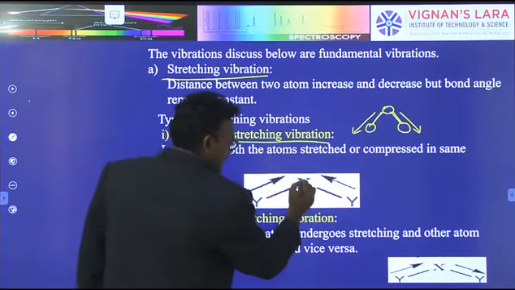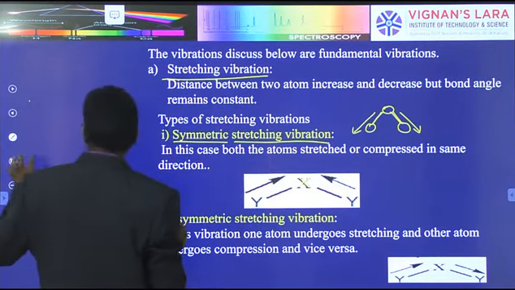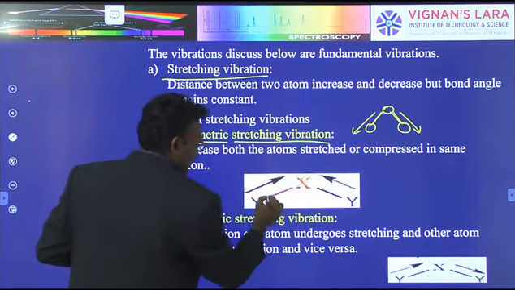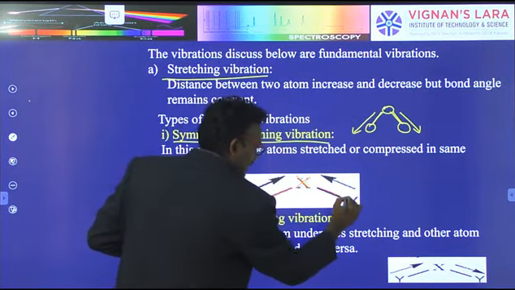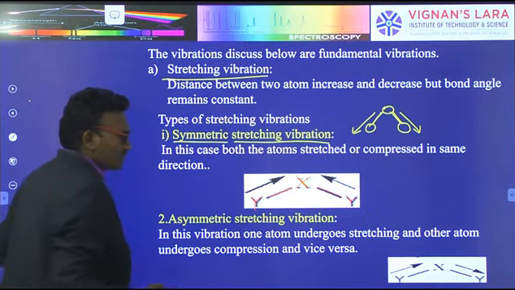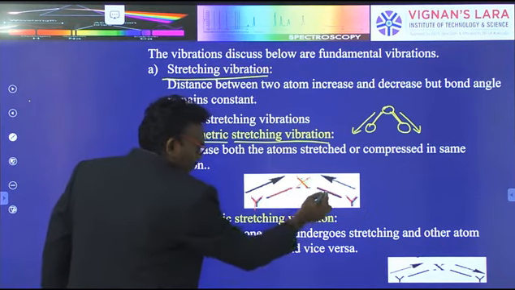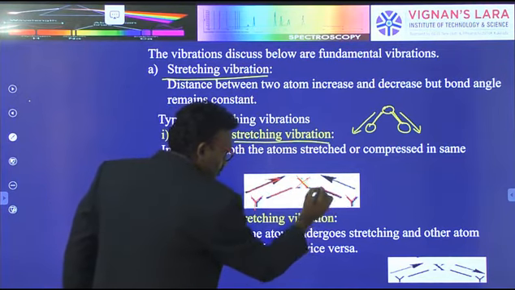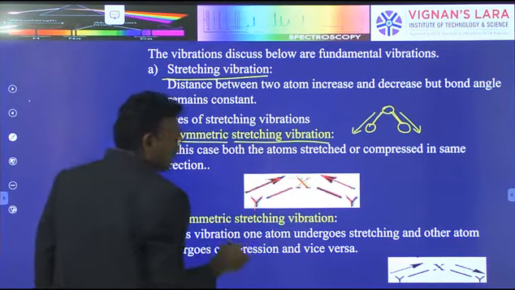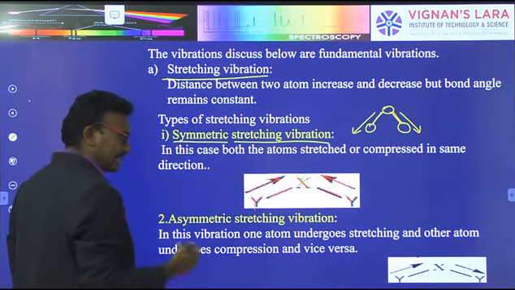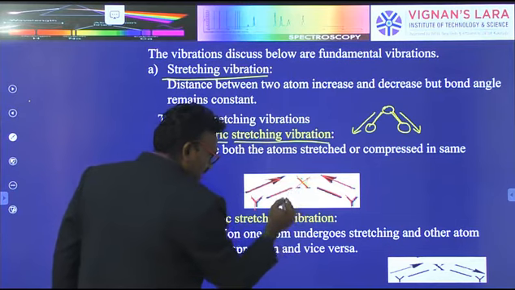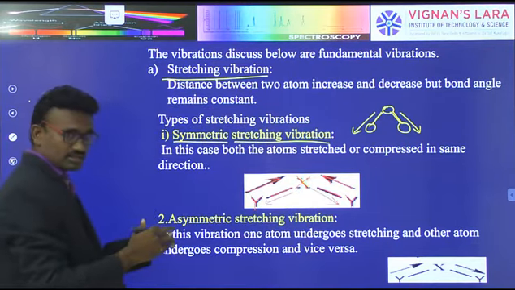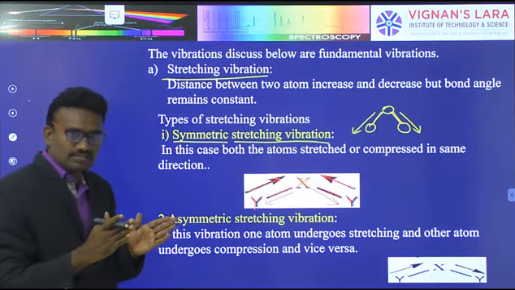For example, this is a molecule, X connected with Y and Y, where both bonds decrease. Both bonds decrease. This is called symmetric stretching. Likewise, both bonds may increase.